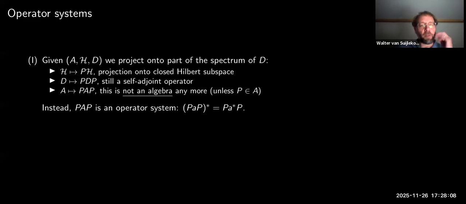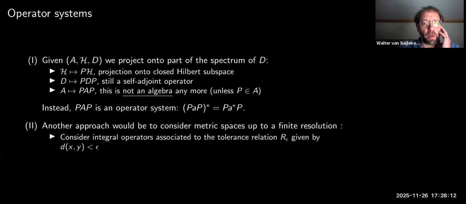Another instance of where this happens is when you take spatial resolution into account. So take some finite resolution. And somehow in the metric space, you cannot distinguish two points, x and y, if their distance is smaller than epsilon. So what you want to do is to relate these points, so introduce a relation.